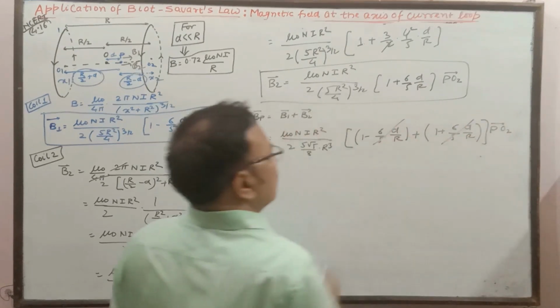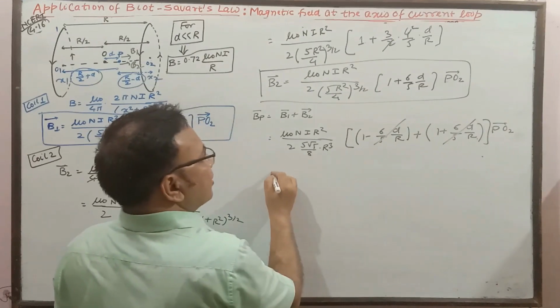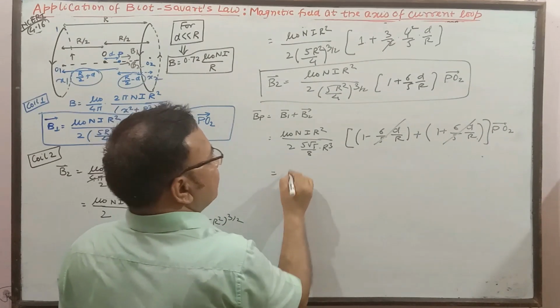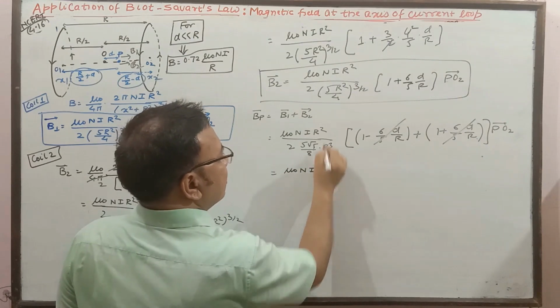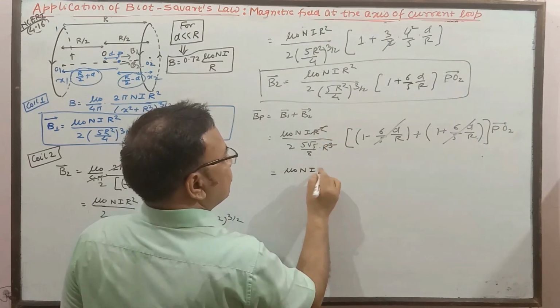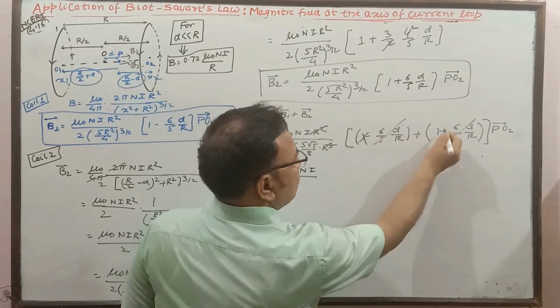These two are cancelled out. So 1 plus 1, 2. And these two are cancelled with this one. So finally we have mu naught Ni R square, 1 cancelled out, so no need to write. These two and 1 plus 1, 2. These two cancelled out.